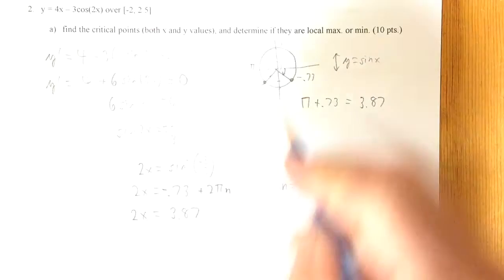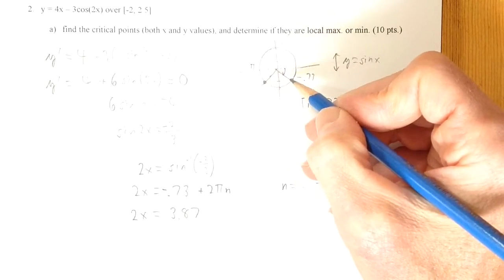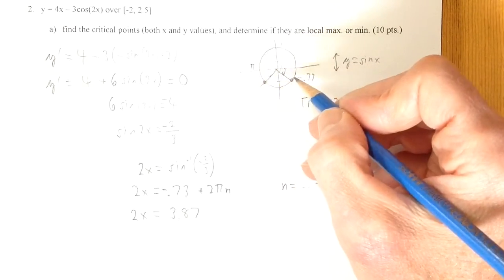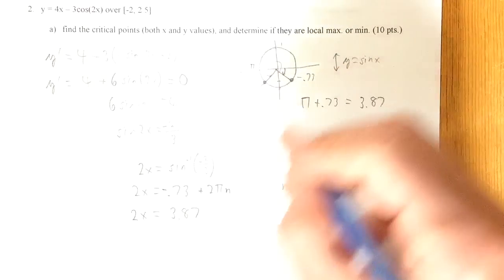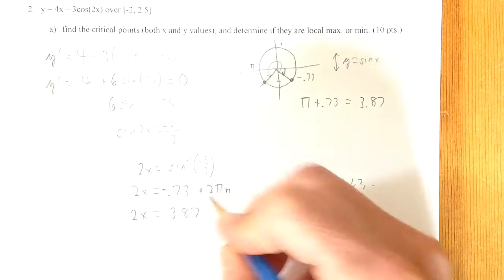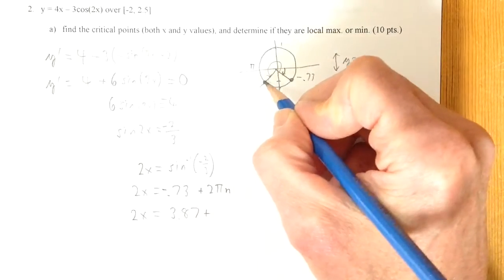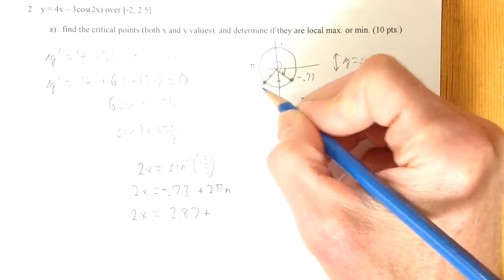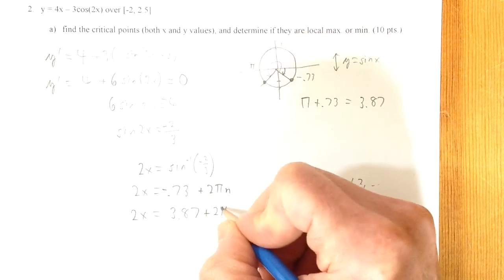We can go backwards around the circle, or forwards around the circle. As long as we go 2 pi, we end up in the same place. So it's multiples of 2 pi. And same here: plus 2 pi, plus 4 pi, or minus 2 pi, minus 4 pi. So plus 2 pi n.